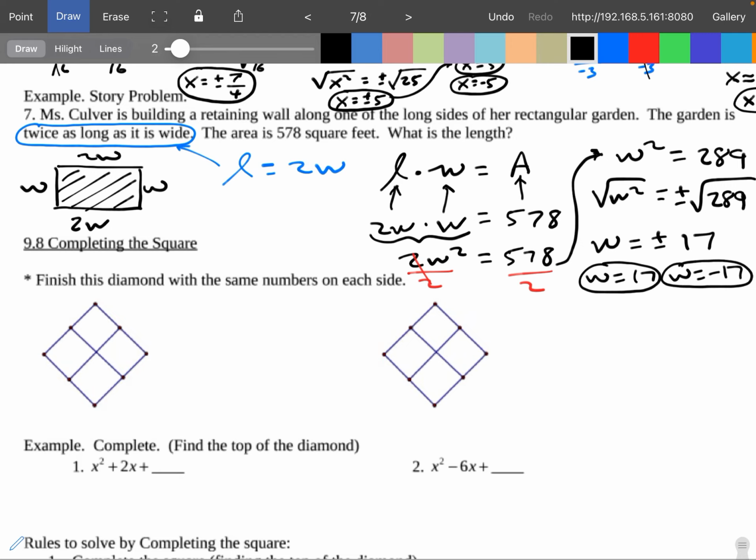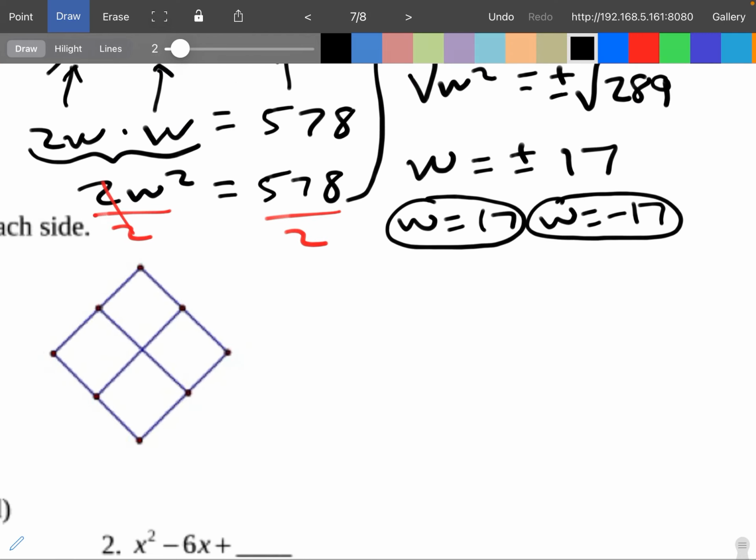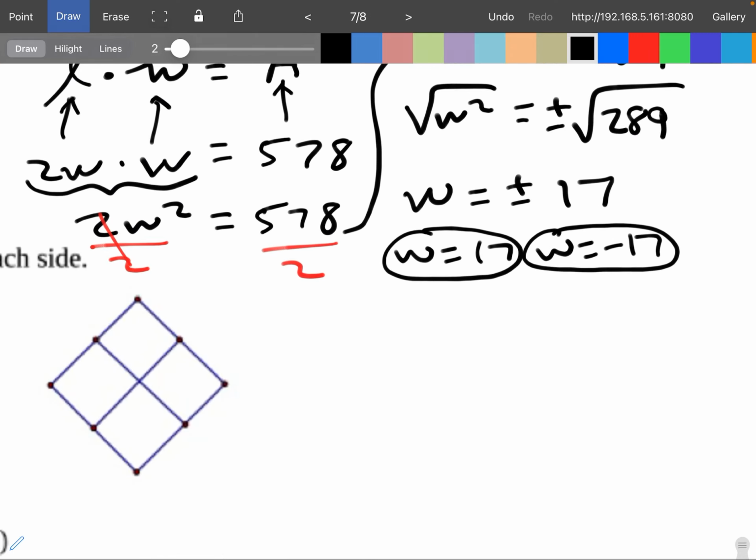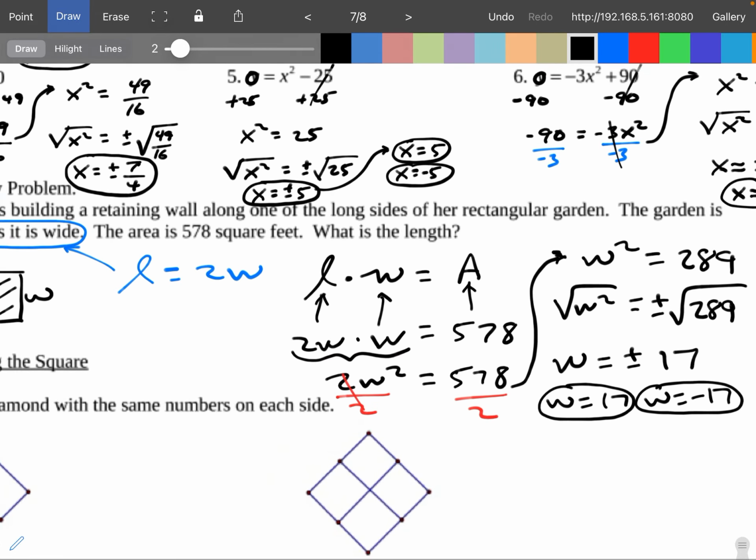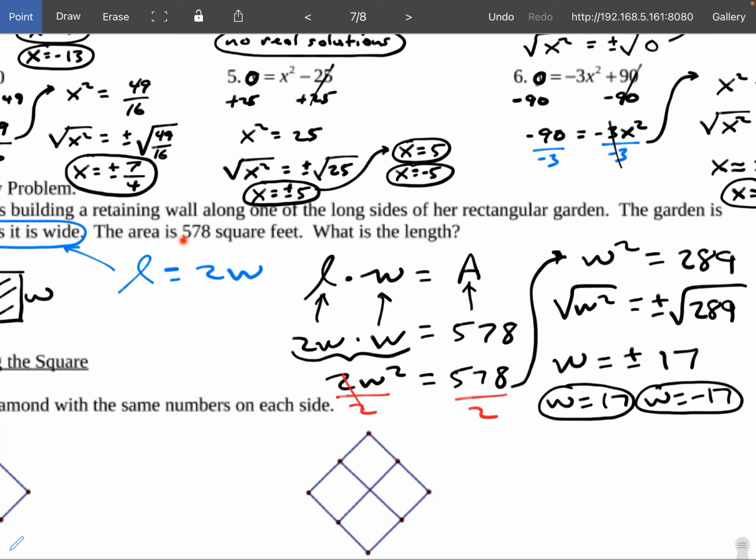So if this was a pure algebra problem, you would get these 2 answers. But since it's a story problem, which one do I throw out? It says the width is 17, and also the width is negative 17. Which one do I keep? I keep the positive one, right?